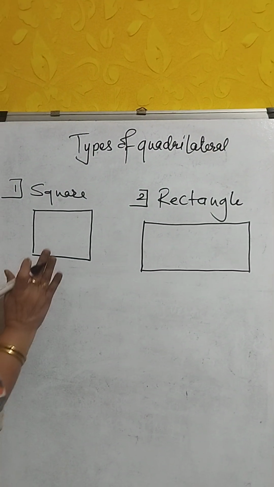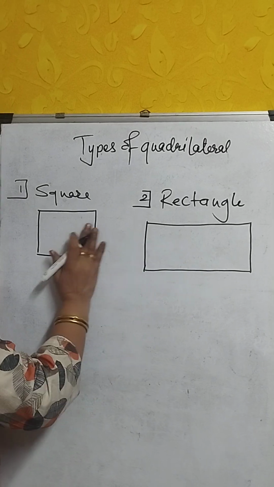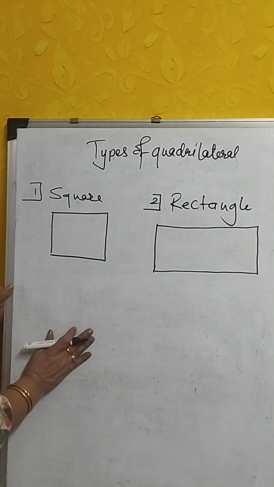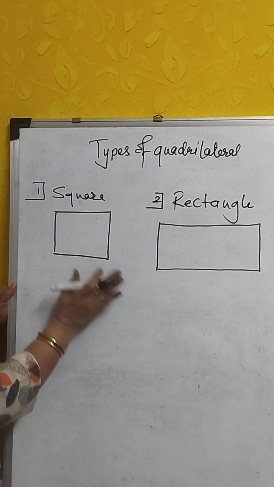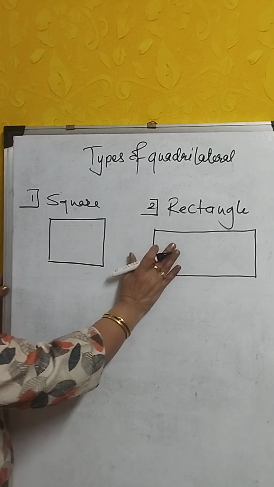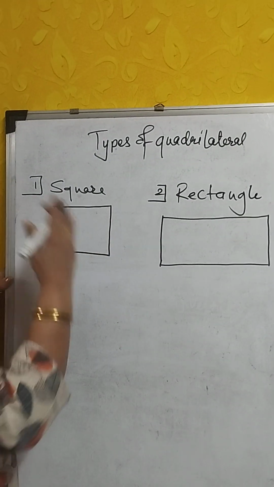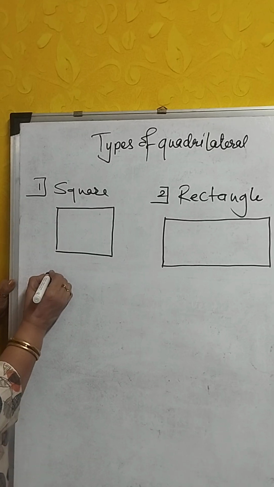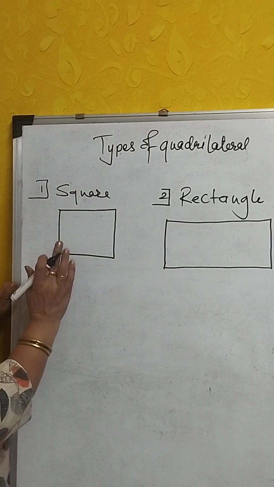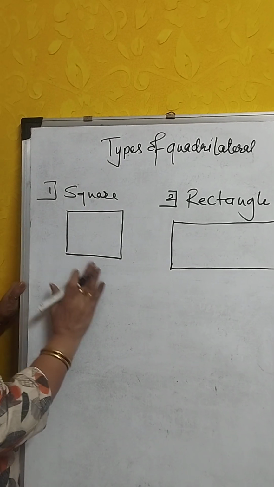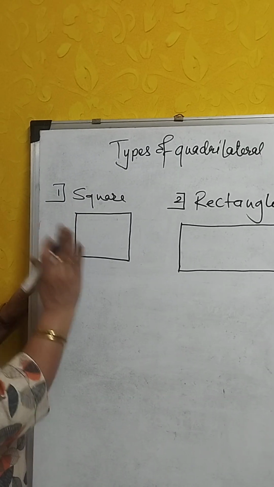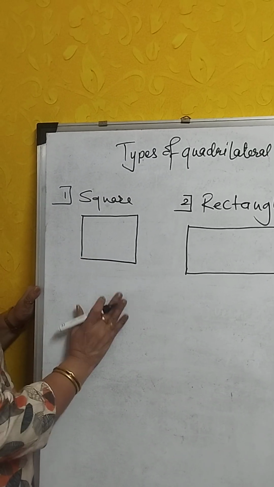When we write properties of these quadrilaterals, again further quadrilaterals are there. When we study properties of these quadrilaterals, comparatively we have to study. First property should be of sides, second property of angles, third property of diagonals.